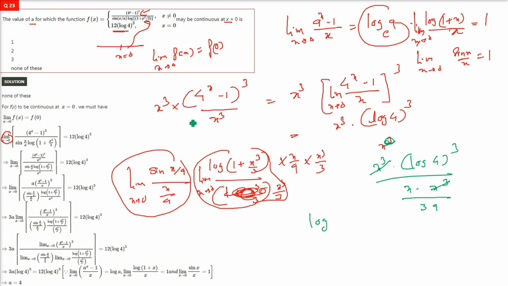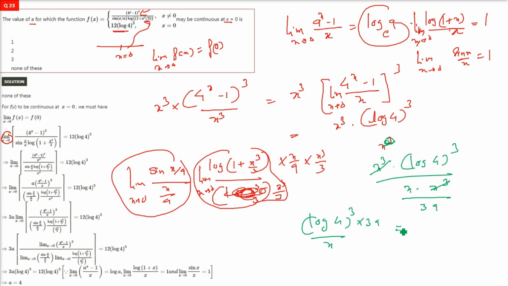As I was saying, it is not x cube by 3, it is x square by 3. So let me just change it and then we can equate it. Essentially the whole idea is to find out the limit of the first function, and we will equate it to 12 log 4 to the power 3.